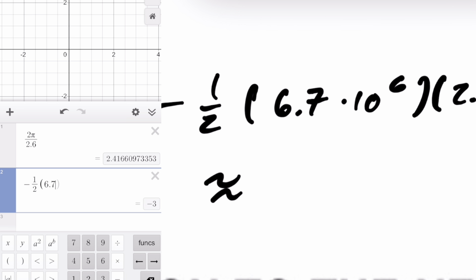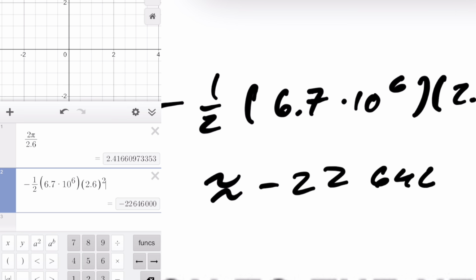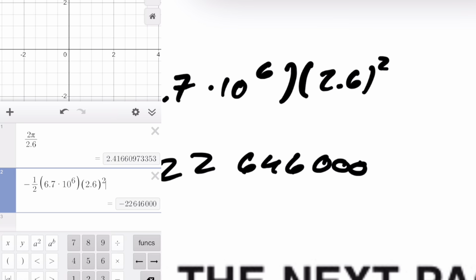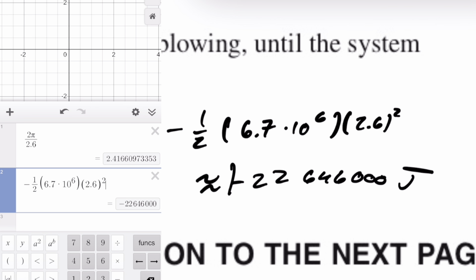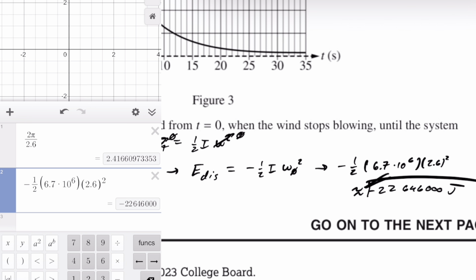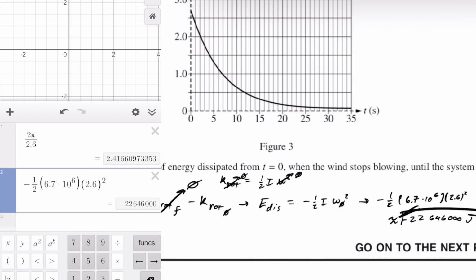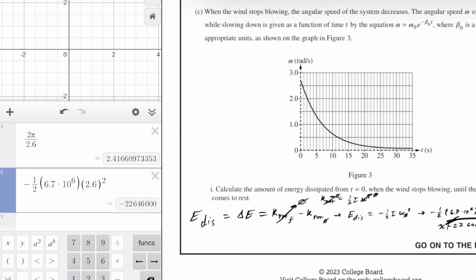I suggest all of you use it on the AP exam instead of relying on your own calculator, unless you're asked to take a numerical derivative, because Desmos can't do that. Okay. Which is equal to negative 226460000 joules. Bam. That's the energy dissipated. We can move on. So 2 million joules, that's a lot of joules.